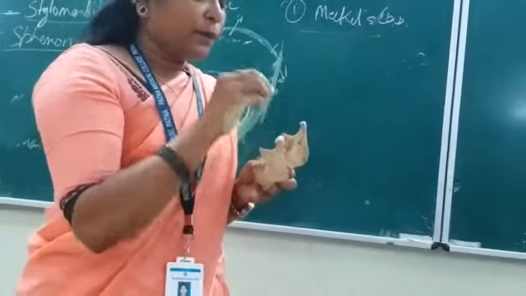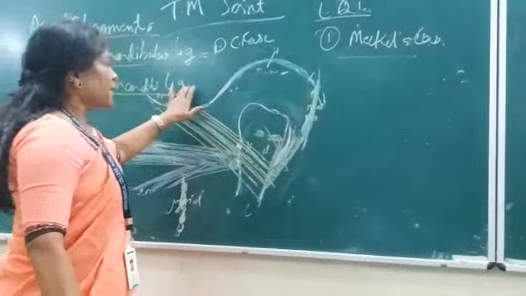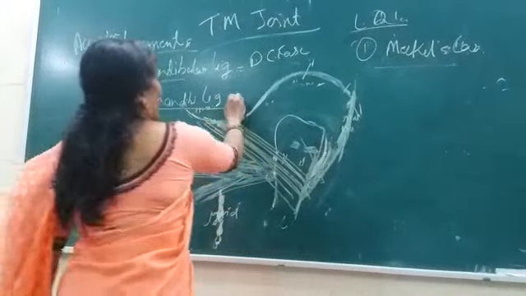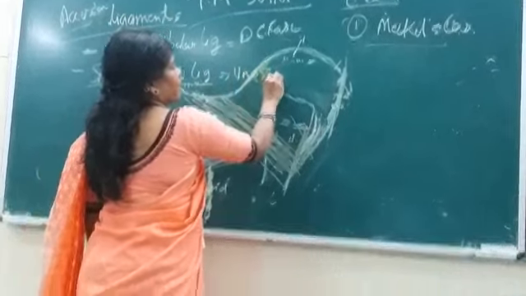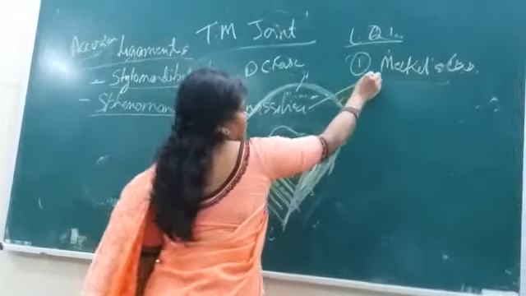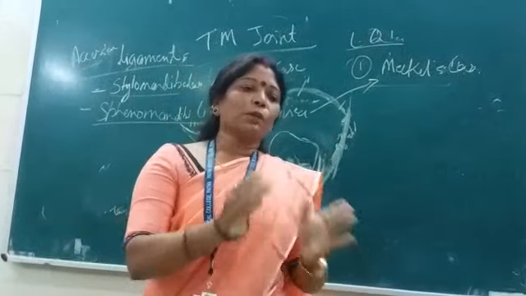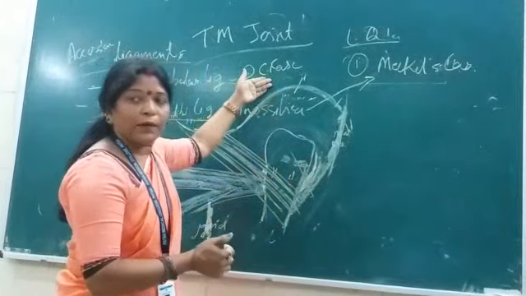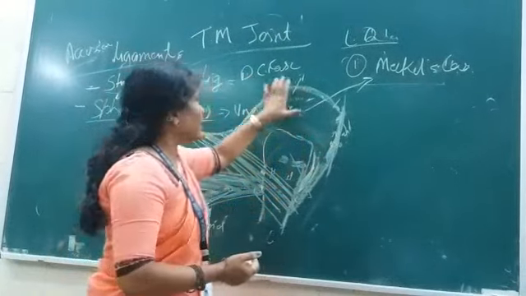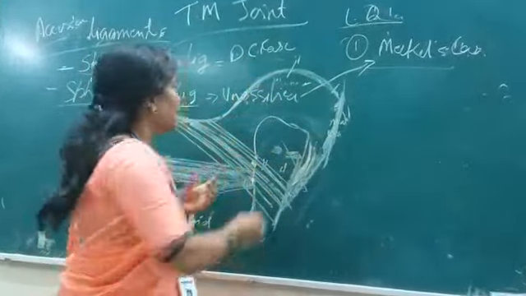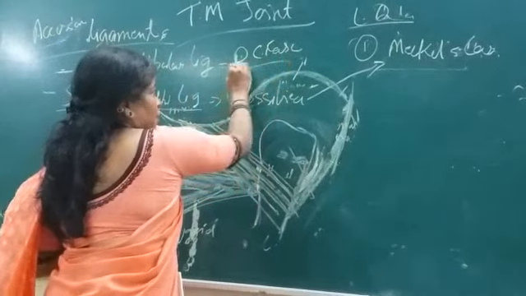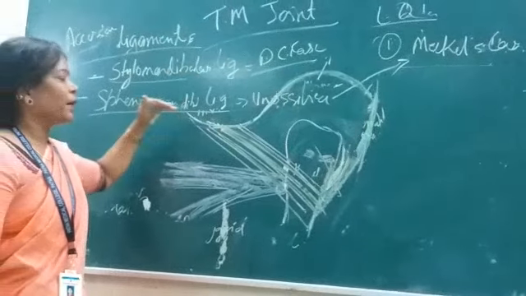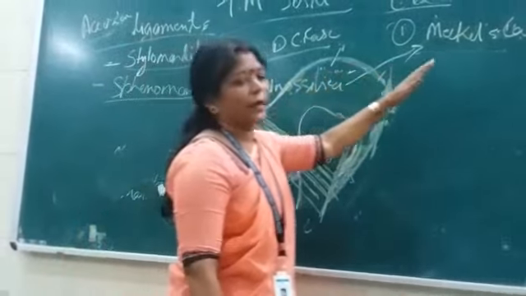It is nothing but the dorsal unossified part of which cartilage? Of Meckel's cartilage. So both ligaments developmentally are two different things. Both are attached to the mandible, but the stylomandibular is the condensation of the deep cervical fascia, and the sphenomandibular ligament is nothing but the unossified part.